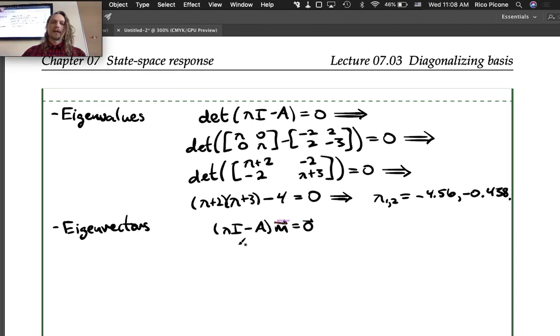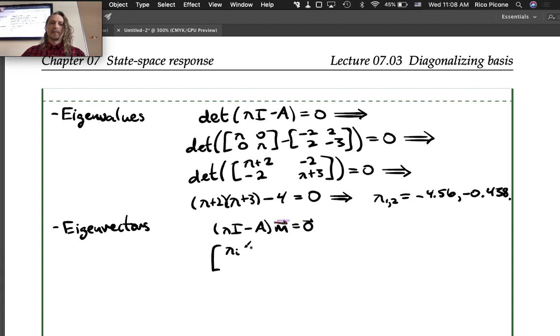I liked what we did last time where we said, okay, let's do this for lambda i. We already did lambda I minus A up here, so we're just going to copy that matrix down.